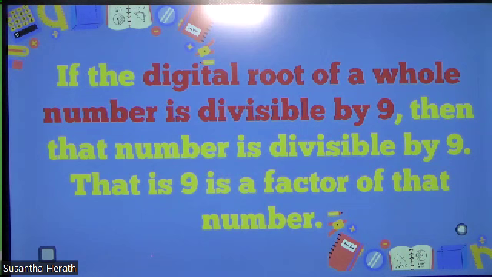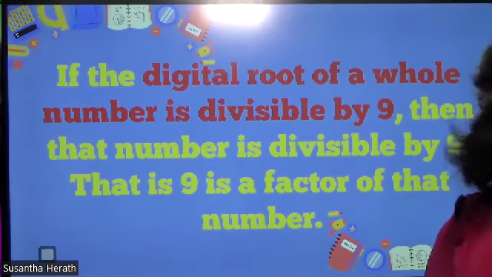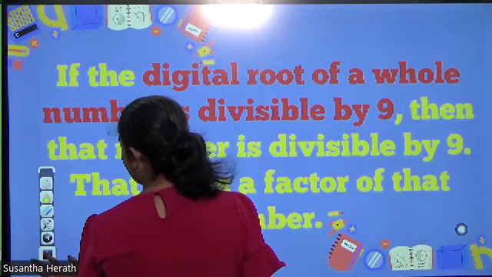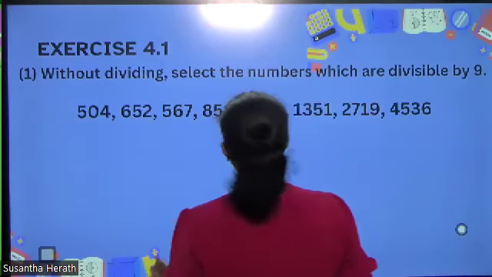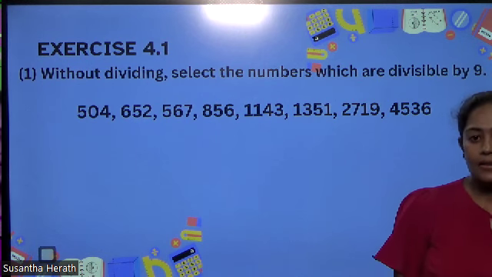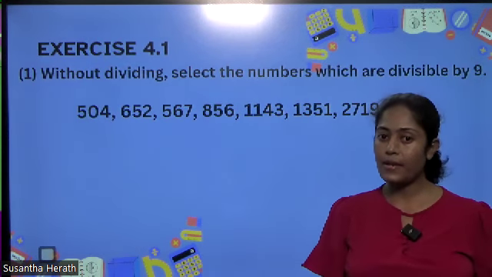Then we'll move to the next one. We'll move to the exercise. Here, exercise 4.1: without dividing, select the numbers which are divisible by 9. Right? Now how can we check whether that number is divisible by 9?